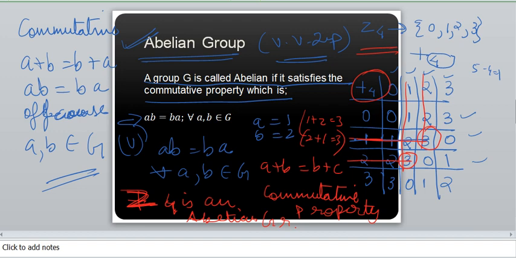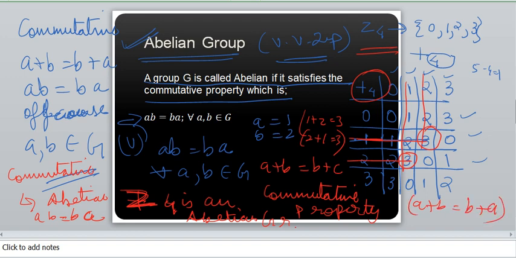If a group follows the commutative property, then it is called abelian. It can be A dot B equals B dot A, or it can be A plus B equals B plus A. Any one of them will make the group abelian, so you don't need to worry about that.